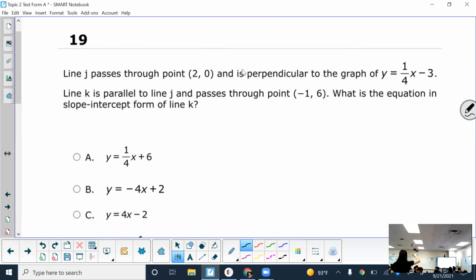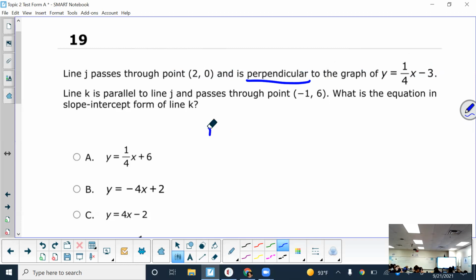And it's gonna be a bonus on your paper test. Of course, the paper test is different, but it's the same style. So just FYI, this can get you a nice chunk of extra credit points. We have line J passes through point 20 and is perpendicular to the graph of this.